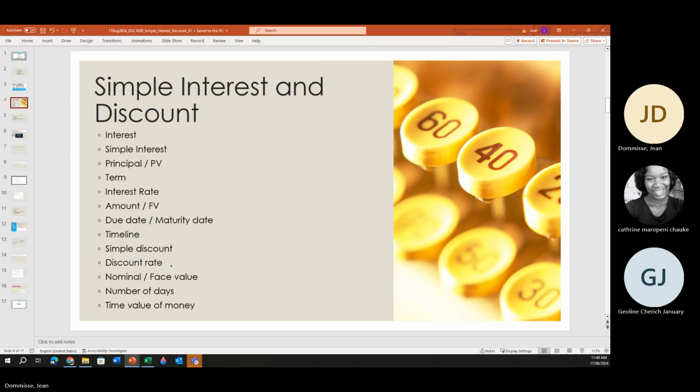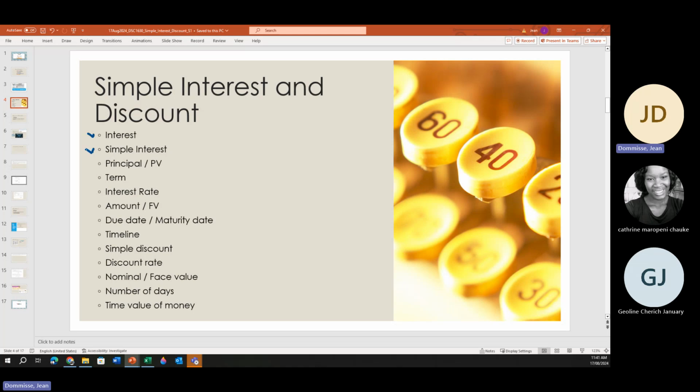Okay, so when we look at simple interest, we will work out interest. That's one component. We will talk about a simple interest rate. Also important, when we go through some of the exercises, and I think you guys have already started some of the assignments, they need to tell you if you're working with a simple interest rate or compound. Otherwise, you will not know which one to use.